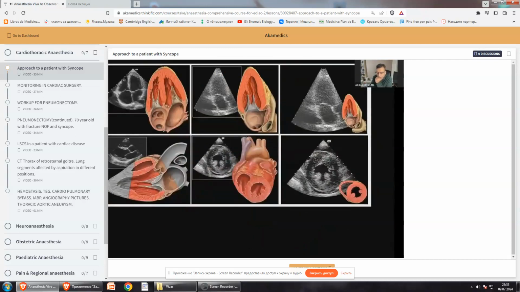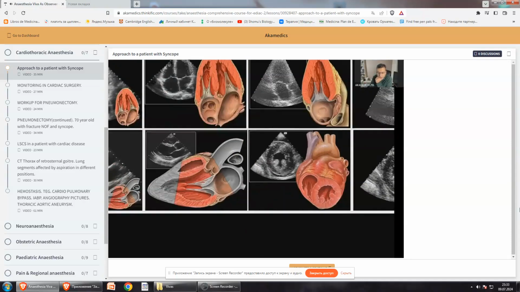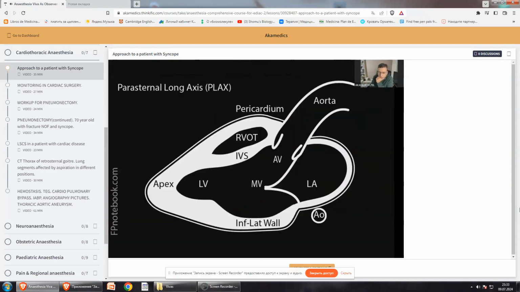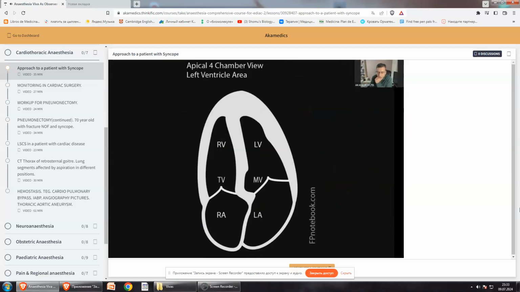Let me check. I'm not 100% sure. This is again another view of the long axis, the four chamber view, which we had just discussed. You have placed the probe at the apex, I mean, at the bottom of the heart, and you're beaming it.